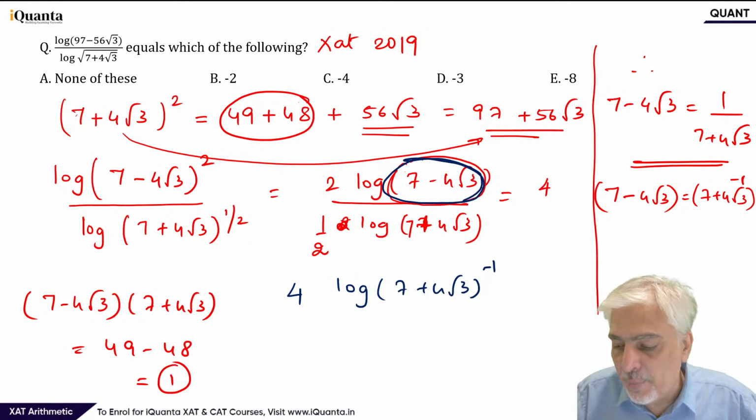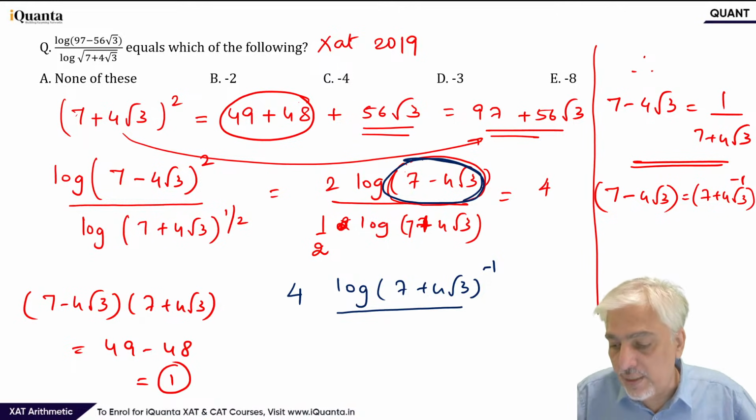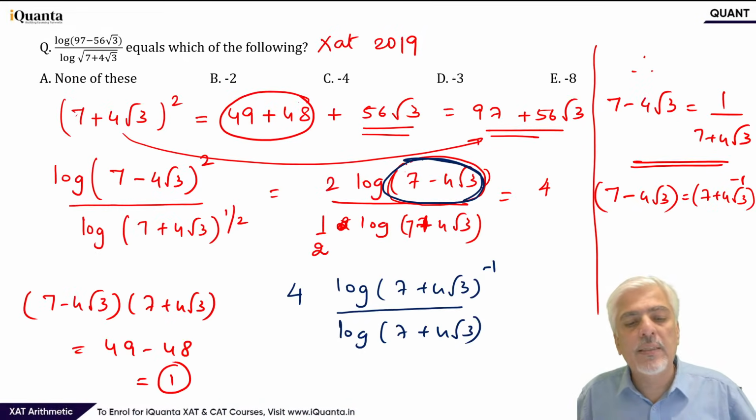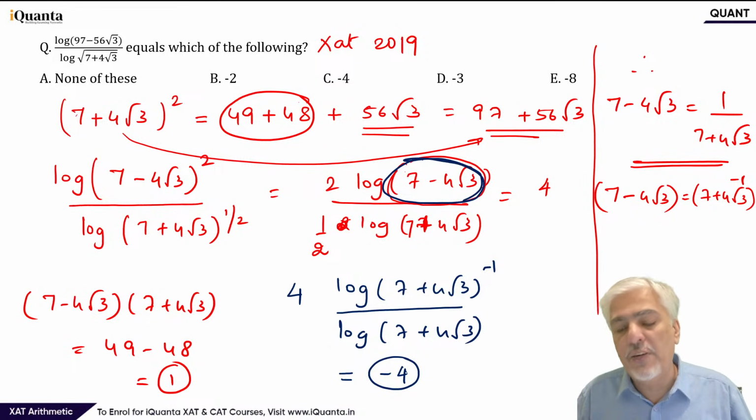Upon the denominator that remains as it is, only log of 7 plus 4 root 3. So we got that much. Now, the minus 1 will come in the front, everything else will cancel out, and that is why the answer is minus 4. See, I know the students who understood it right at the first step will feel that, oh, this is too long. But understand that everybody wants to understand the question. This is the way it is to be done actually.